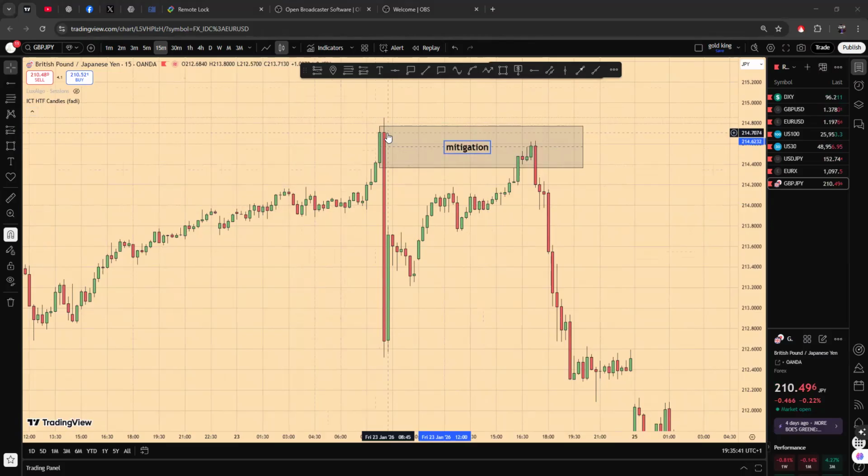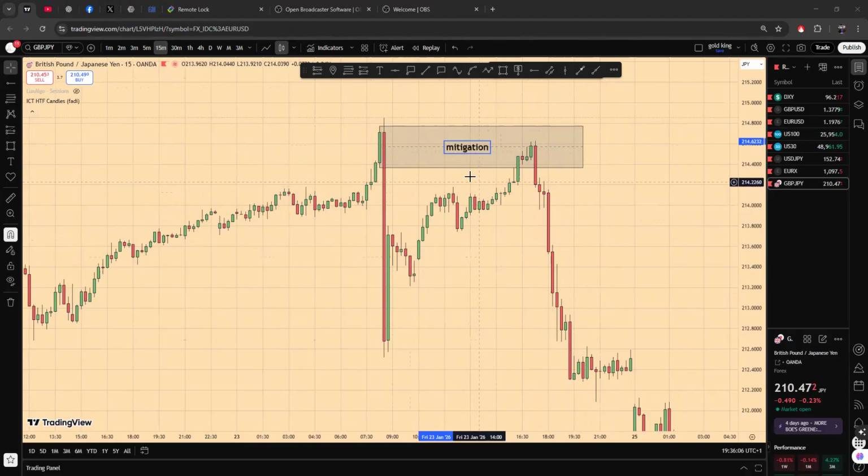Mitigation is like you said, cutting losses. So when price comes back, they are mitigating their losses on this bullish candle, which means as the market is going back, they're closing their buy position. And they will add the remaining sell orders, and that's why you see the market dropping.